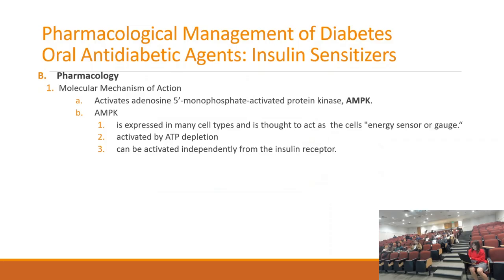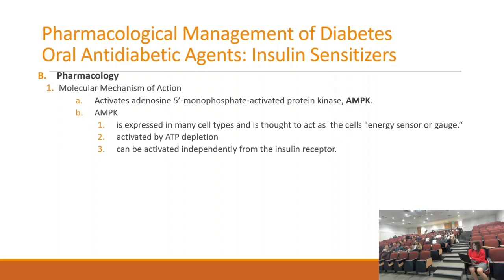Well, this particular drug activates an enzyme inside of cells that are insulin sensitive. And that enzyme is adenosine 5' monophosphate activated protein kinase, and that's a mouthful to say, so we abbreviate it as AMPK. Okay? And on an exam question, I would use that AMPK designation for this particular drug, not the full name.